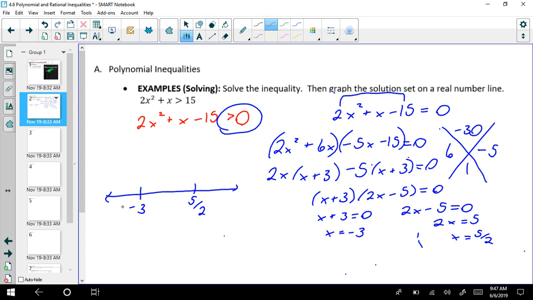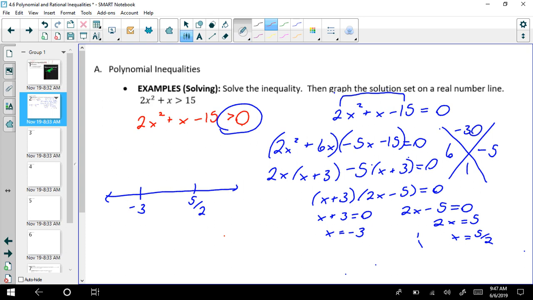Pick something smaller than negative 3. I don't care what it is as long as it's left of negative 3. So you could pick negative 4, negative 50, negative 8.2. I'm going to pick negative 4. And we are going to substitute that back in.